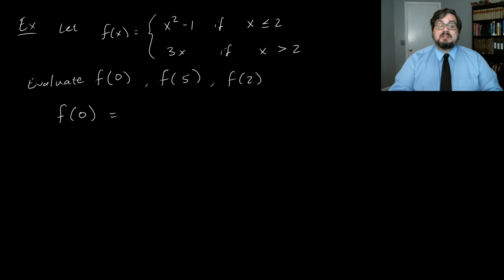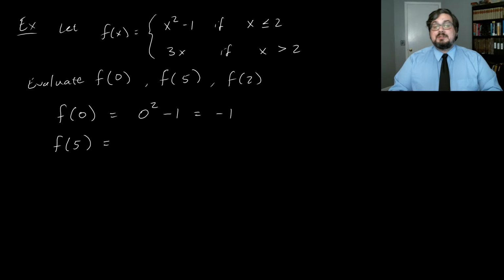That means that we're going to use the first formula, and so we'll get 0 squared minus 1, which gives us negative 1. So in this function, when the input is 0, the output is negative 1. And so when we go to graph it, that means that the point (0, negative 1) will be on the graph, but we'll leave that for a moment.